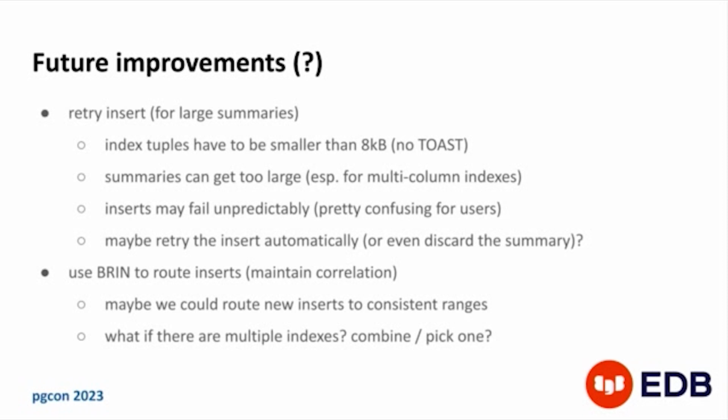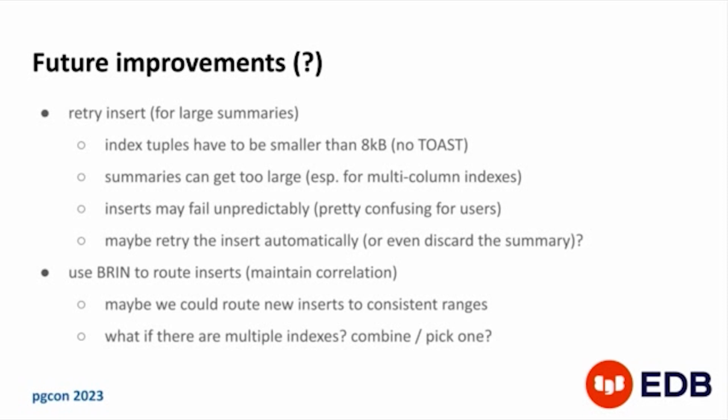So if you have, for example, a text value which is longer than 1/3 of 8 kilobytes, that will fail. You can still do compression, of course, but if it grows beyond this point, you will be unable to insert the value.